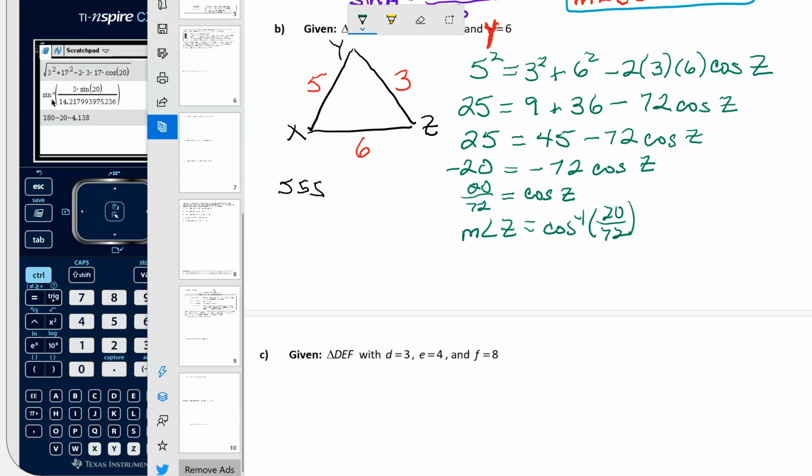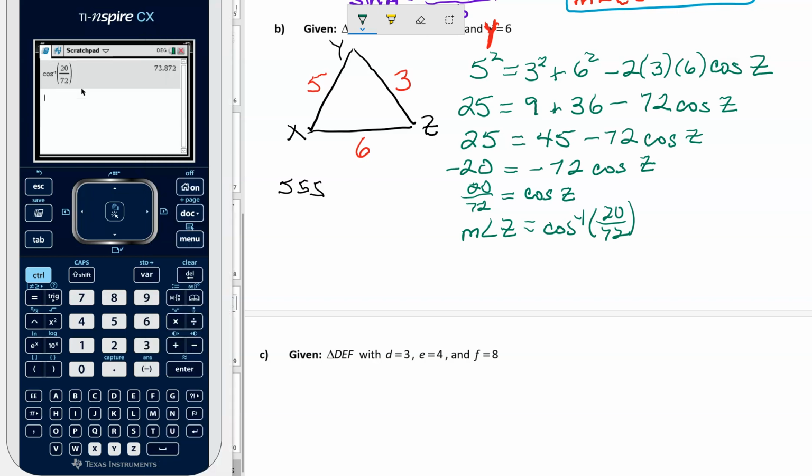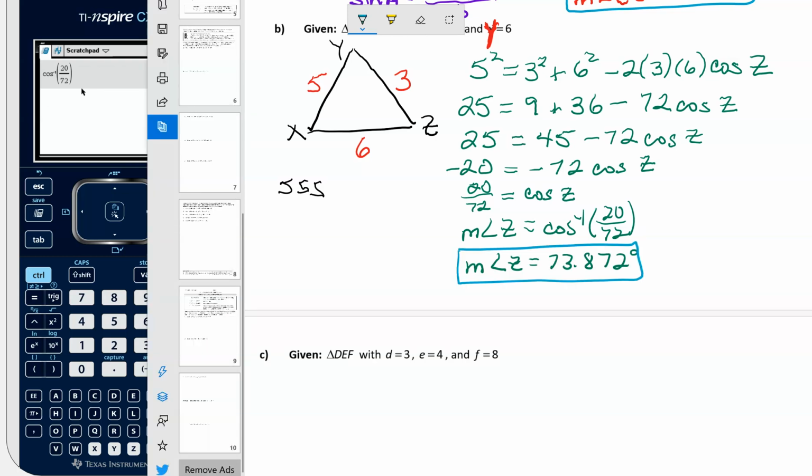Now that we have the calculator ready form, we can enter it, and we'll find that angle Z is 73.872 degrees. It's important to remember that there is no ambiguity in the law of cosines, because if cosine is negative, we have an obtuse angle. If cosine is positive, we have an acute angle.